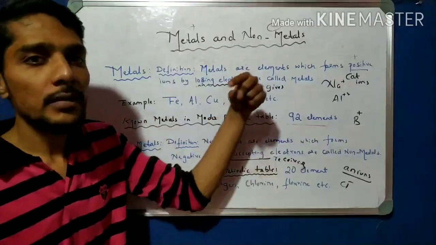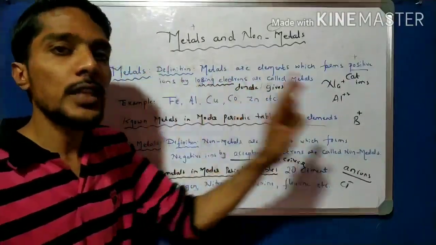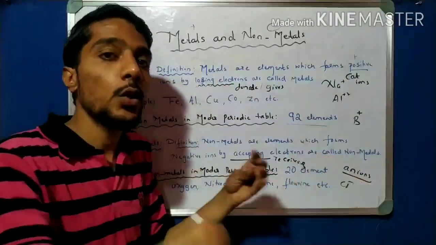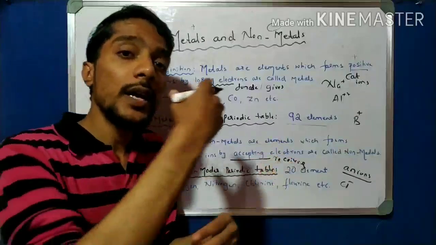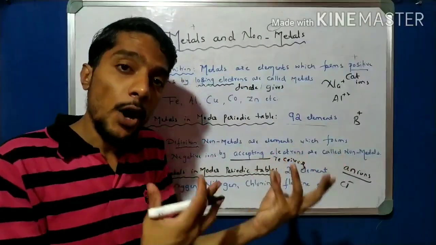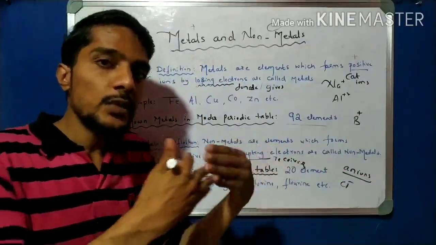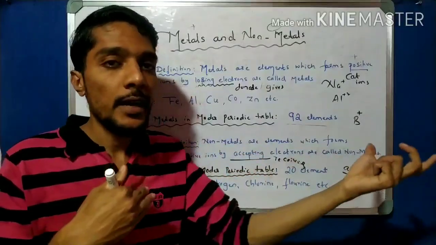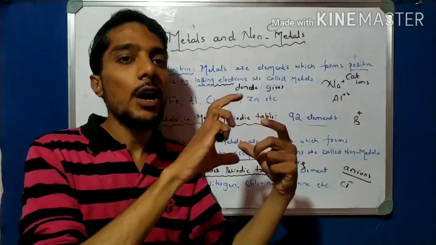That is opposite to the metal. Metal loses the electron, donates the electron, but after donation, the non-metal is ready to accept the electron. That is why bonding takes place. Metal gives the electron and the non-metal accepts the electron.